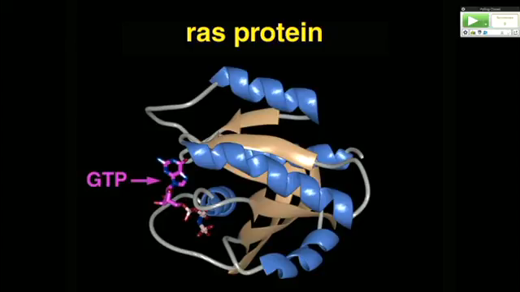The idea was that human tumors contain an oncogene that is a mutated form of a proto-oncogene that now causes uncontrolled growth. The normal RAS protein is a protein that's nicely folded. We have the 3D structure of this protein. And in this particular configuration, we see that this protein is bound to GTP. Isn't that interesting? A GTP binding protein.